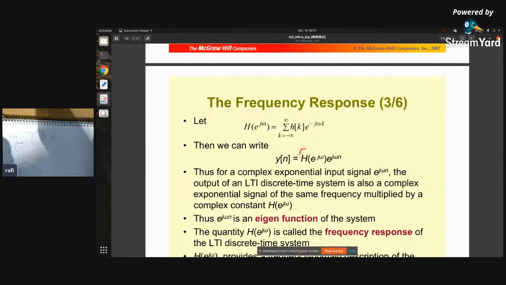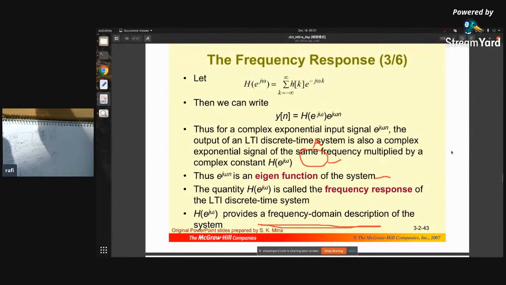H of e power j omega is the complex constant, some a, into the same signal, x of n equal to e power j omega n. So y of n is some complex constant times the same signal. Such signals we call eigen functions of the system.